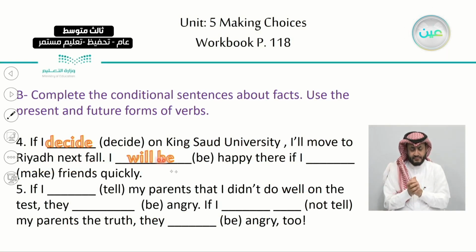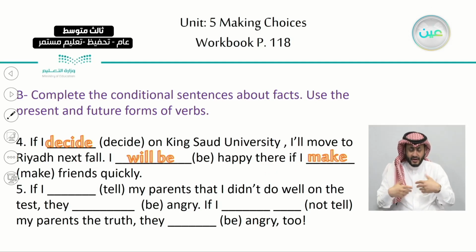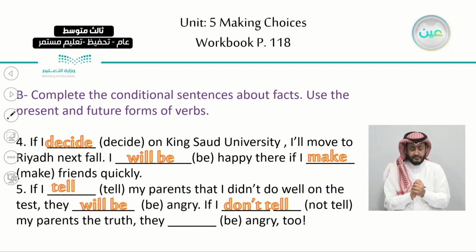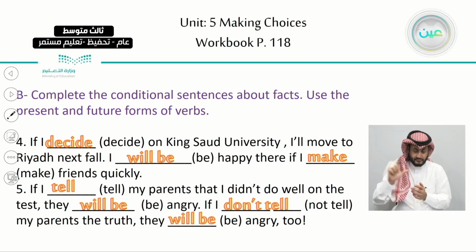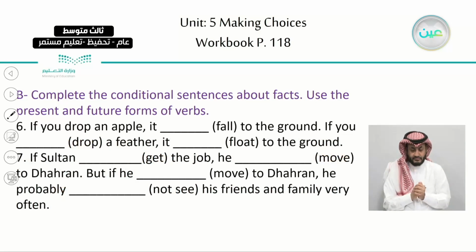I will be happy there if I make friends quickly. Number 5, if I tell my parents that I didn't do well on the test, they will be angry. If I, here we use the present, don't tell my parents the truth, they will be angry too. This is for number 5.